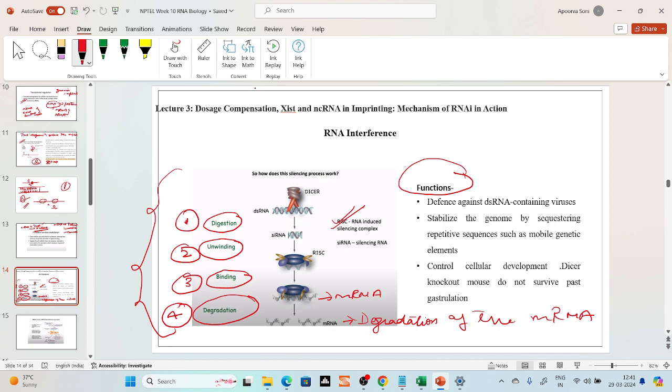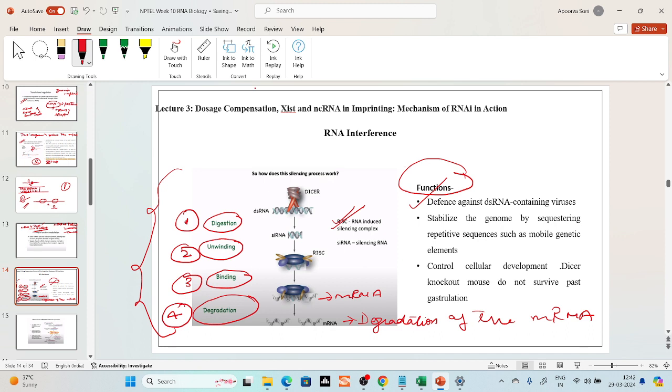So the viral RNA is degraded in this way. It provides a defense mechanism against double-stranded RNA containing viruses. This is the first thing.